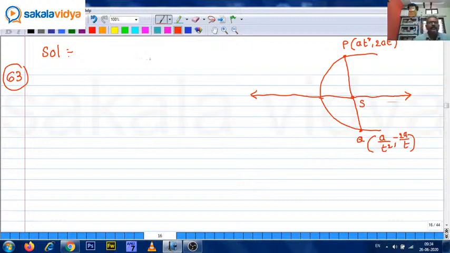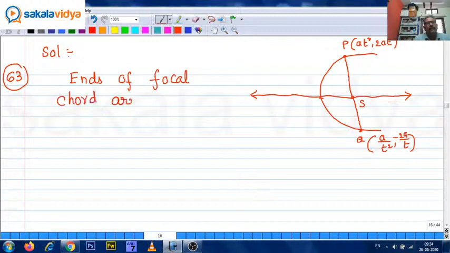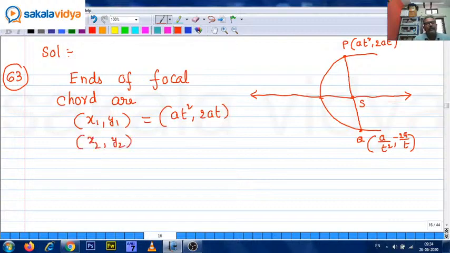So that means indirectly here, the ends of the focal chord are (x1, y1) equals P. That means P coordinates are (at square, 2at). (x2, y2) is the other extremity, that is (a upon t square, minus 2a upon t).